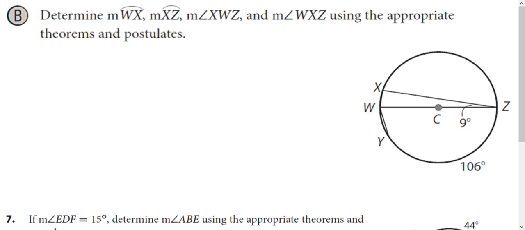Similar problem here. WX, XZ. So here we have an inscribed angle is 9 degrees, which means the arc is double. So the measure of arc WX, we just said is double, 2 times 9, 18 degrees.